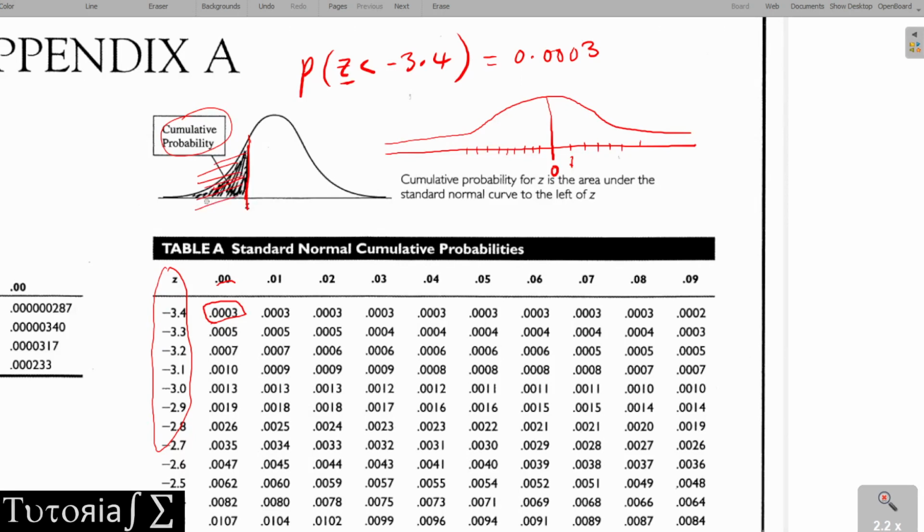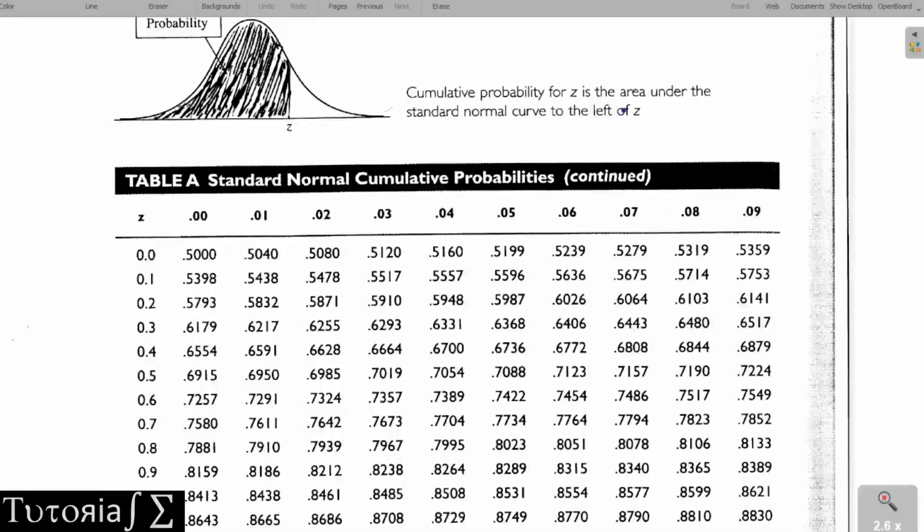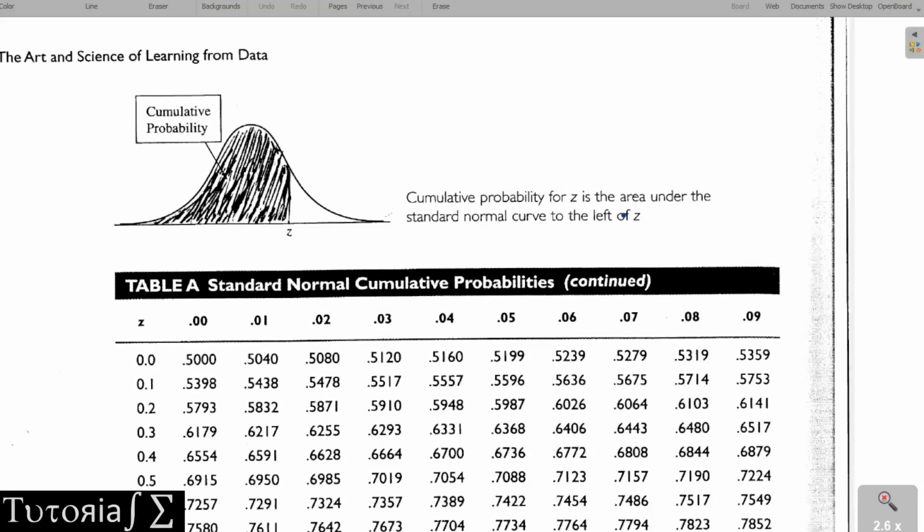So meaning that this table is just for z less than, or probability of z less than some number. So let me just show you here. So same applies here. As you can see, they've shaded to say from z go in this direction, meaning that this table only helps you find probability of z less than whatever number we are looking for here.